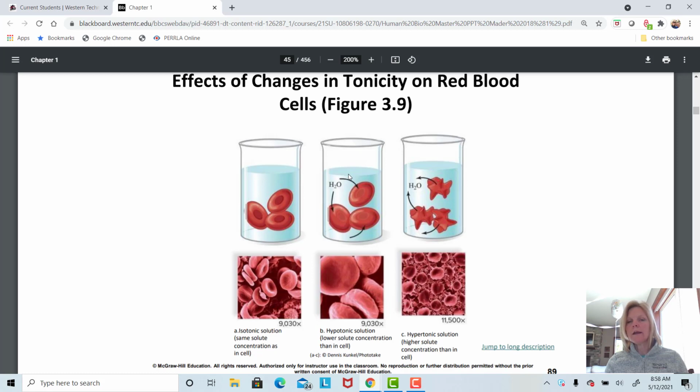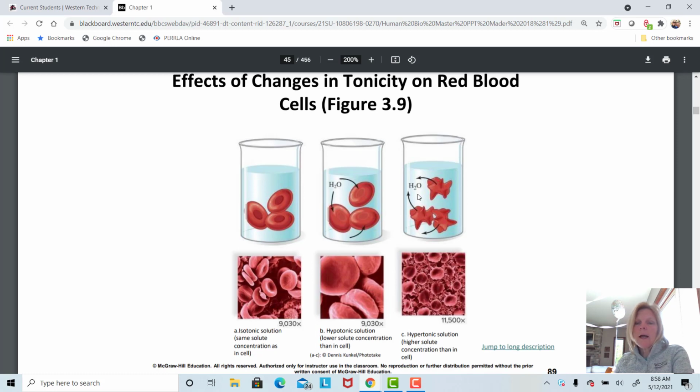So hypotonic means more dilute. Hypo means low, and tonic refers to dissolved things in that solution. So low solute, low salt, low sugar, whatever, low substances in a fluid is called a hypotonic solution.